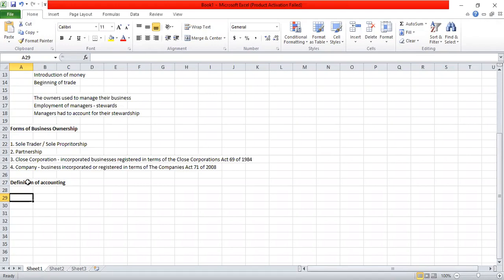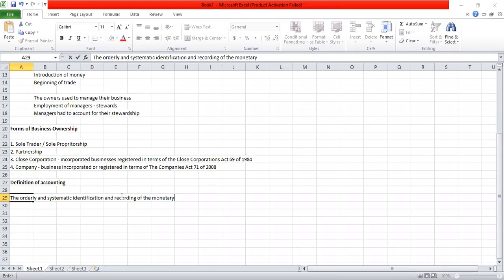So actually, accounting, we define it as the orderly and systematic identification and recording of the monetary values of financial transactions of an individual or business entity.